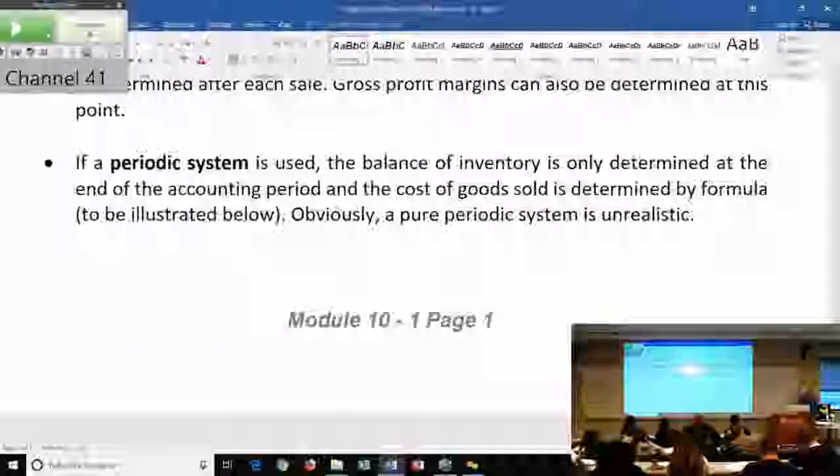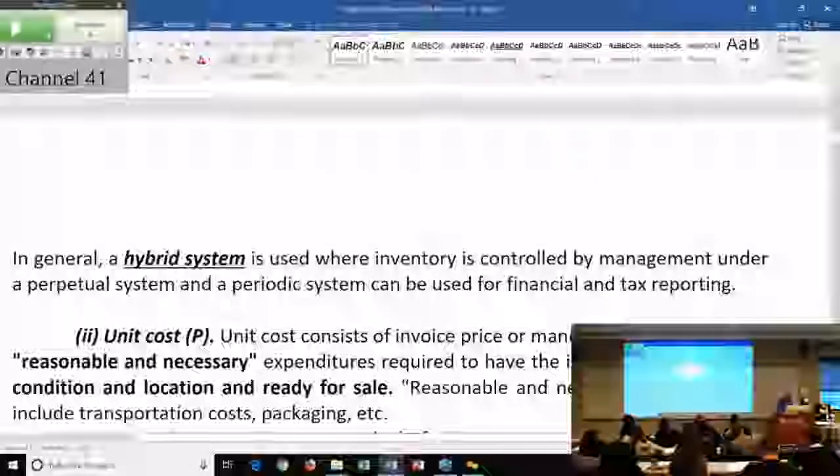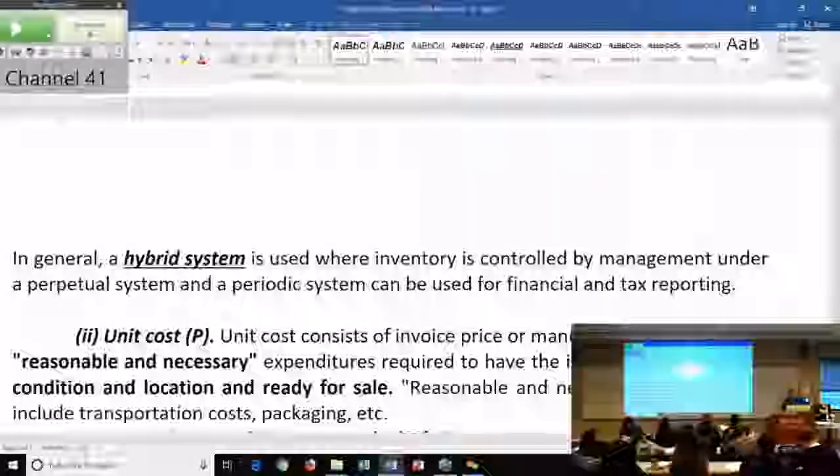derived. So you've got beginning inventory plus purchases, which you've recorded. That's goods available for sale. Subtract out the ending inventory, which you determine by a physical count, and that will give you the cost of goods sold. Now that is unrealistic, we know, but sometimes companies will use a hybrid system, as I tell you on the next page, where they control inventory with a perpetual system and they use a periodic for financial reporting.